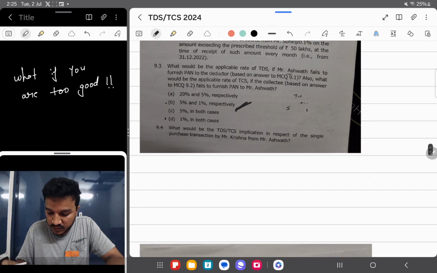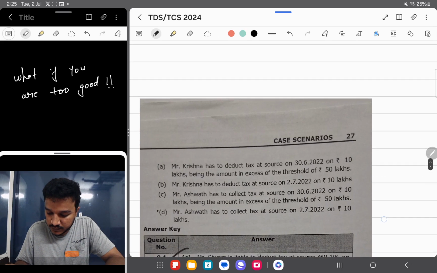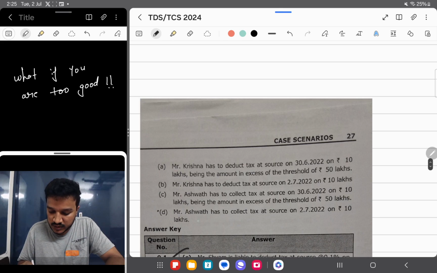Single transaction in respect of Mr. Krishna and Mr. Ashwath. So Mr. Krishna does not have to deduct tax; Ashwath has to collect tax at source on 36. Here they are specifying the dates.